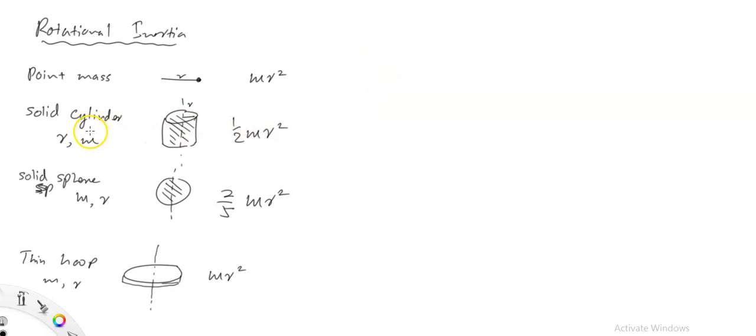Now when we say solid cylinder, this can be a disc as well, right? It doesn't need to be a thin long object. It can be something like a flat disc. This also can be considered as a cylinder, so it has the same equation, right? So it goes here also. All right, how about a hollow cylinder?